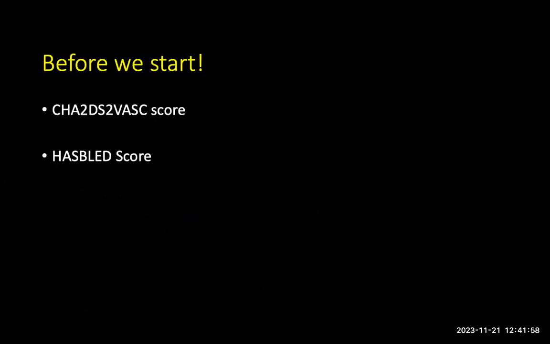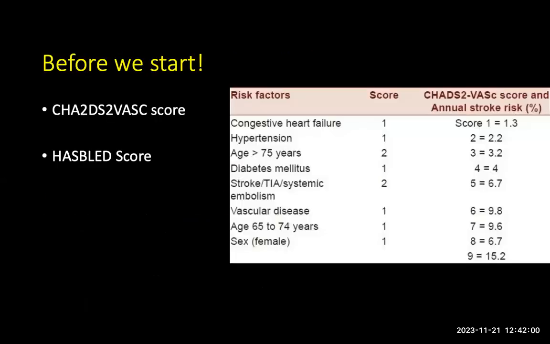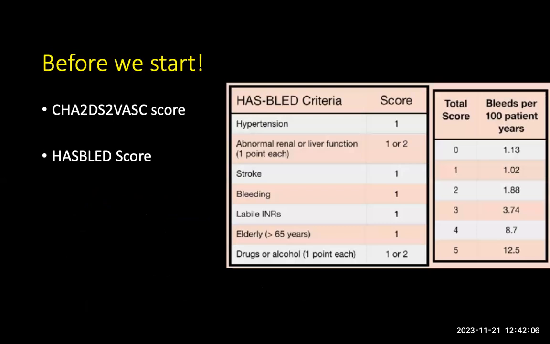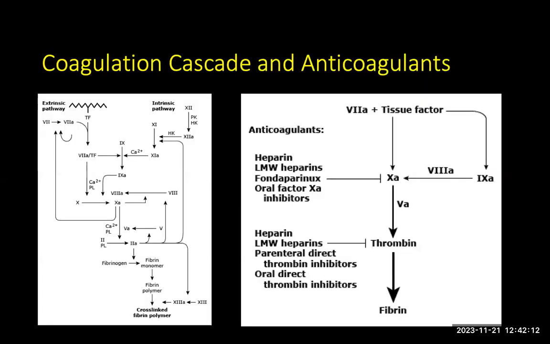Anticoagulants, we all know the CHA2DS2-VASc score, but anybody who's had a stroke automatically qualifies for anticoagulation lifelong. The HAS-BLED score is not the most useful, but it just gives you an idea whether you're going to be dealing with somebody who's likely to bleed.